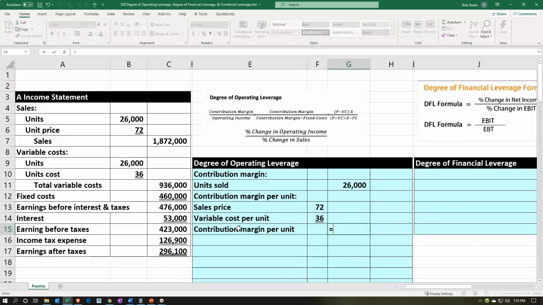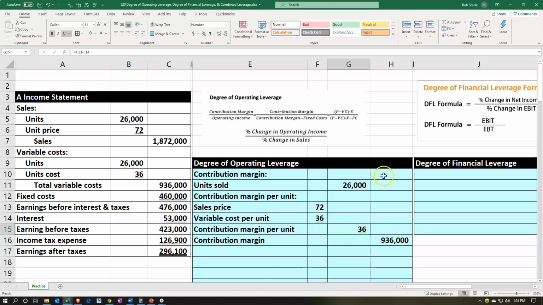And that's going to be equal to the 72 minus the 36, which is 36. And that's going to give us then the total, which will be the total contribution margin. So the total contribution margin then is going to be equal to the 26 times the 36, giving us that 936, which again we could have gotten by taking the sales minus the total variable costs here. Let's put an underline.